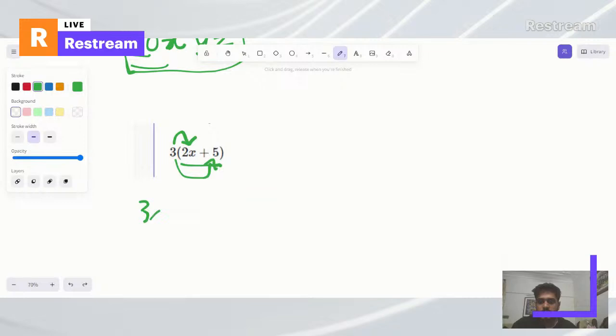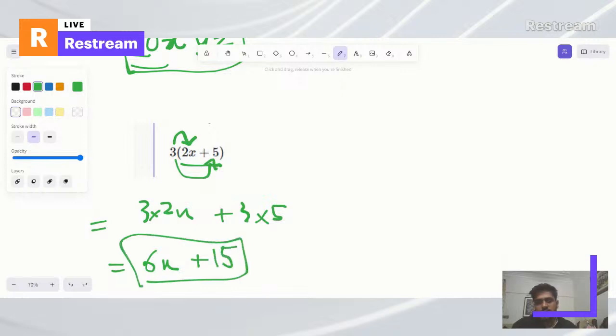So 3 times 2x plus 3 times 5. So what is gonna be the answer? 3 times 2 means 6, and then x is gonna be x, right? 3 times 5 is 15. So this is the expanded answer, right?